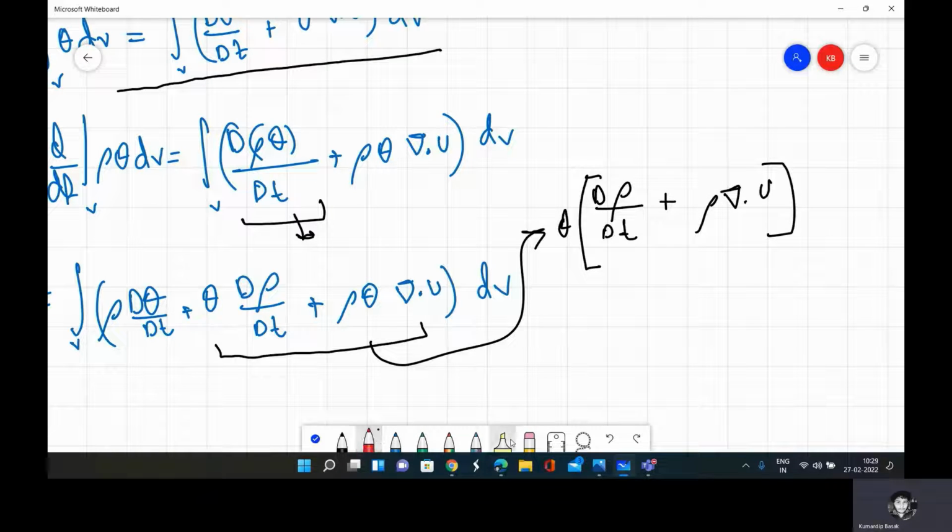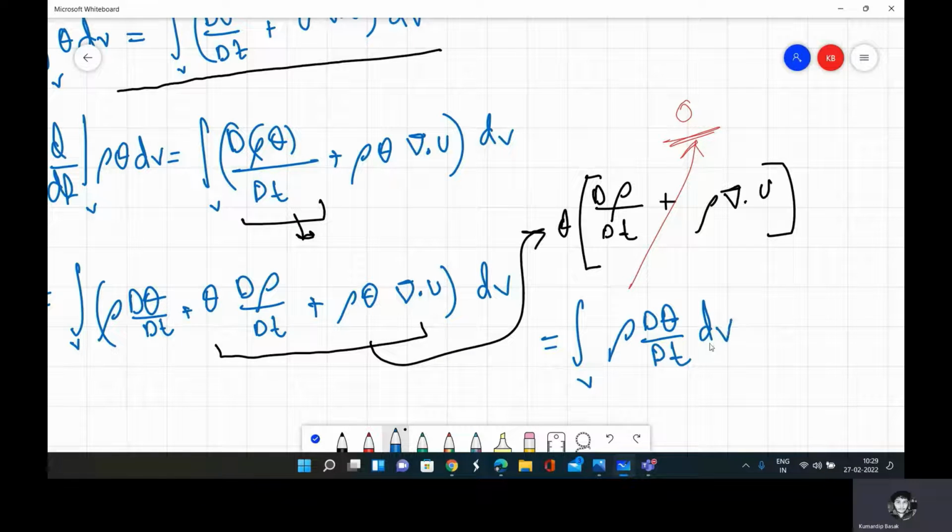This is nothing but the continuity equation for the control volume, which we can derive from the control volume. So from the continuity equation, or simply the mass conservation rule, this is equal to 0. So what are we left with? We are left only with integral over V rho d theta by dt dV. Fine.